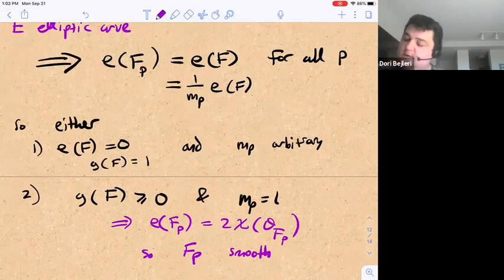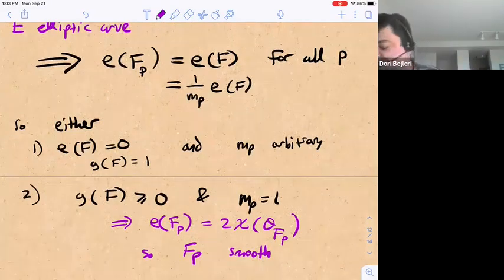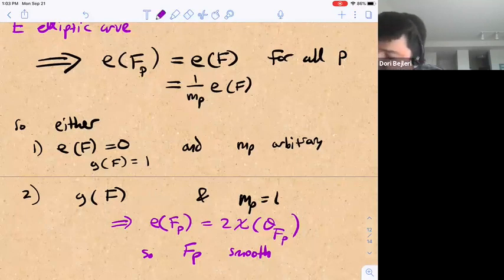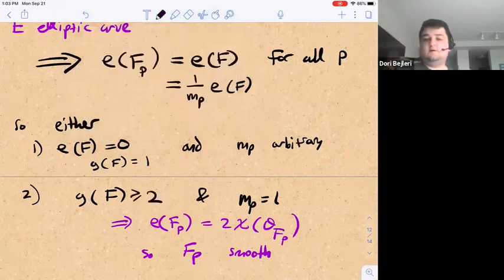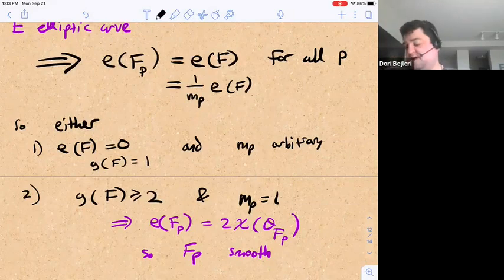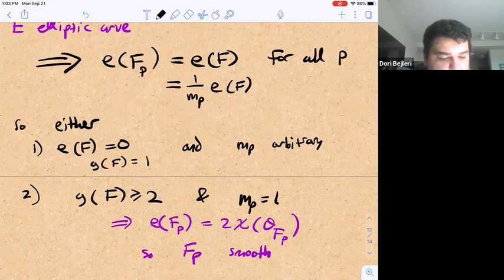Okay, and then in this case 2, that should say genus is at least 2. In this case 2, we're done. We have a genus 2 family of curves where every fiber is smooth and reduced. In this first case, we're going to see that that's actually not possible using Kodaira's canonical bundle formula.